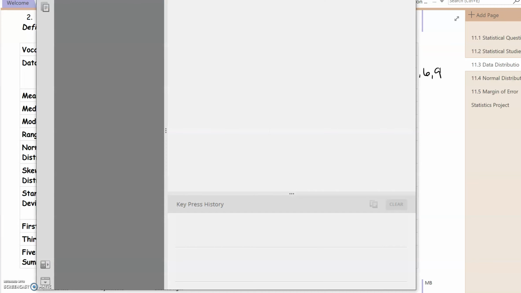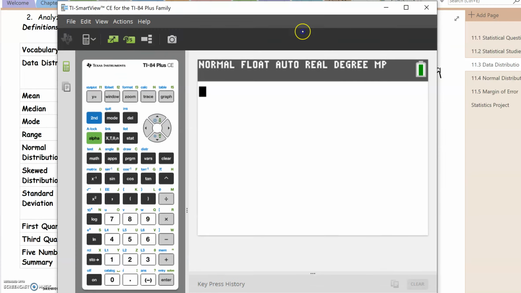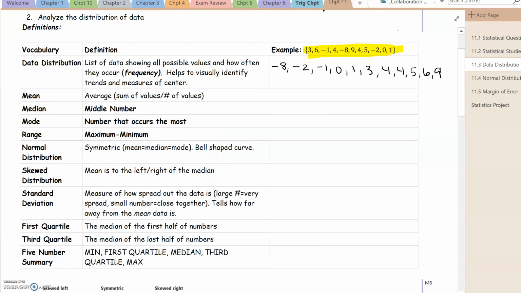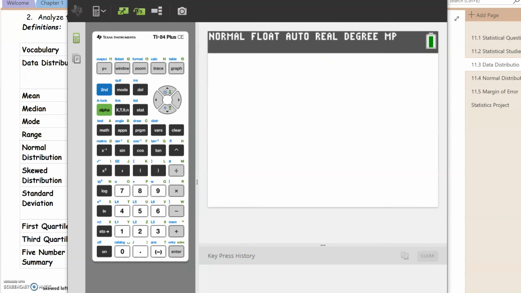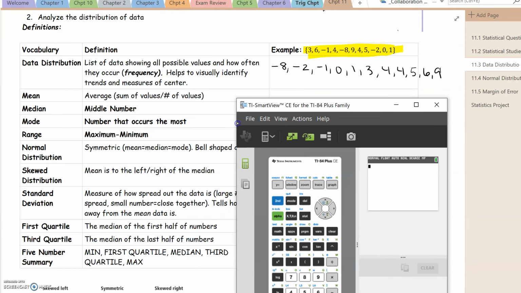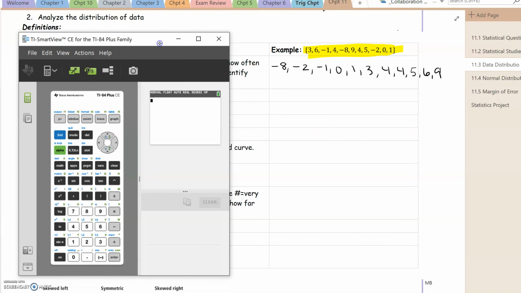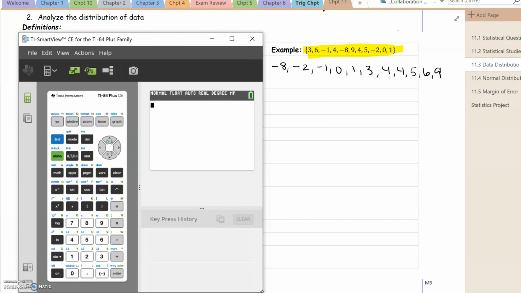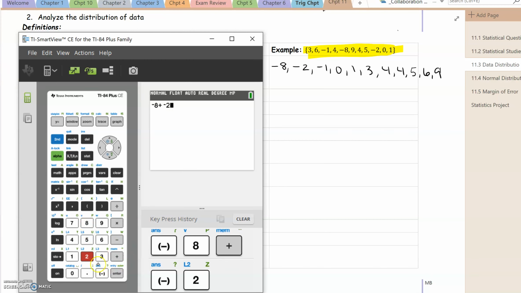Okay, so if we want to find the mean of this set of data, let's make this calculator smaller so we can actually see our data set here. We are going to type in these numbers: -8 plus -2 plus -1 plus 0 plus 1.